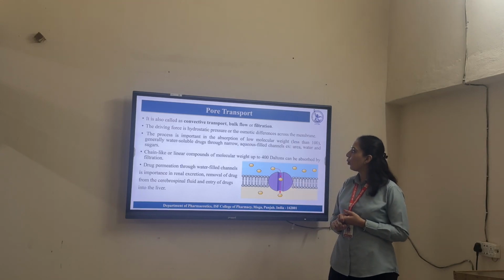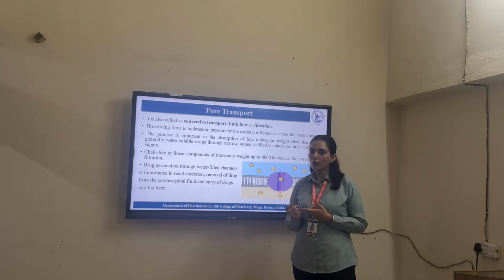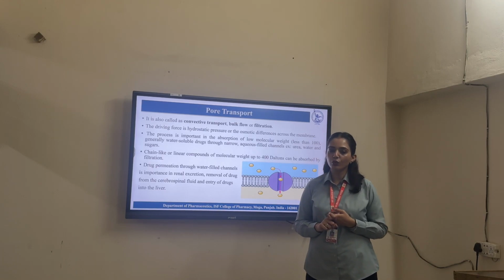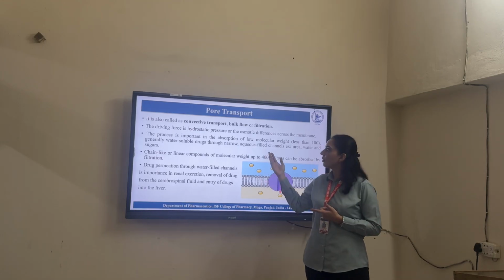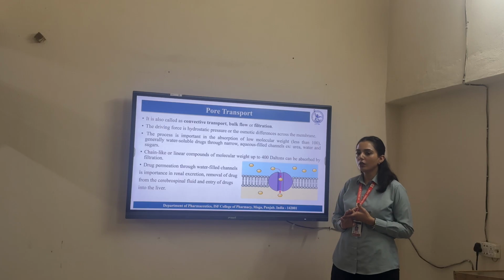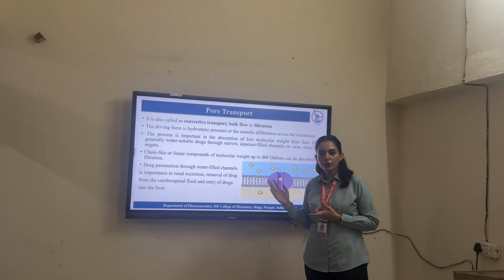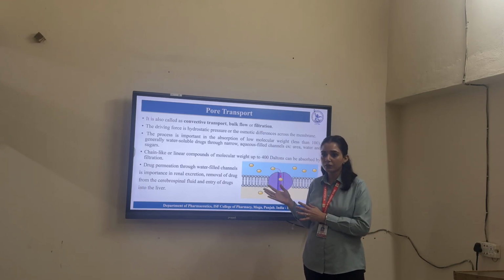Next one is pore transportation. Non-ionic and lipid-soluble drugs can follow the mechanism of passive diffusion to travel through the membrane. The water-soluble drugs can follow pore transportation, which is also called convective transport, bulk flow, or filtration. The driving force is hydrostatic pressure or the osmotic difference across the membrane.